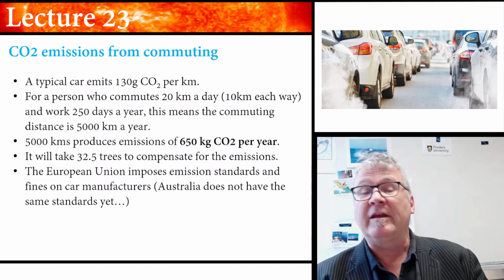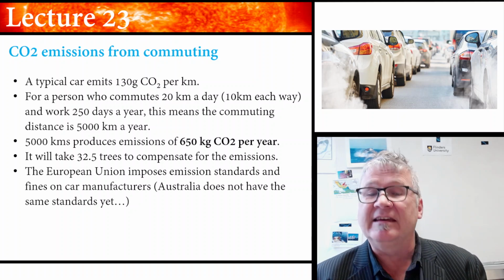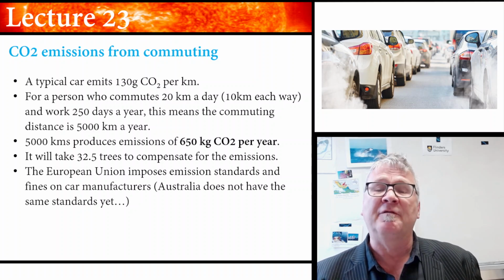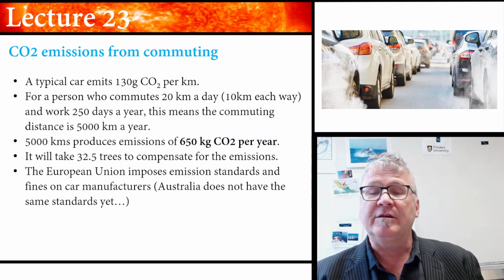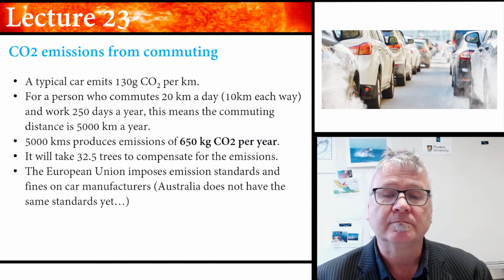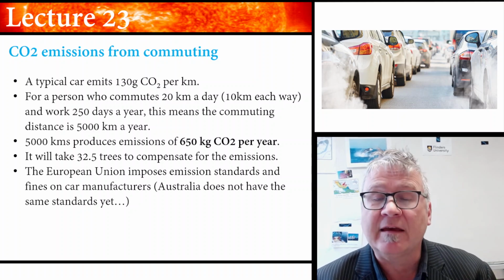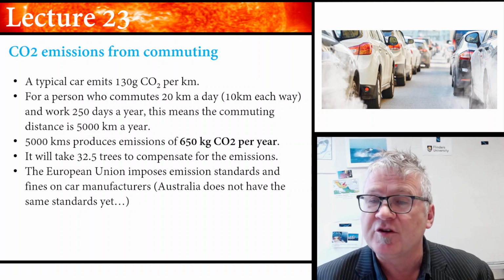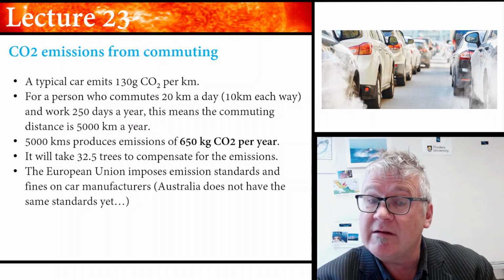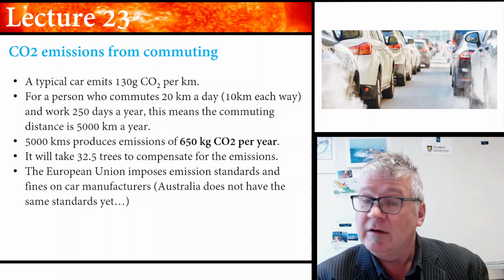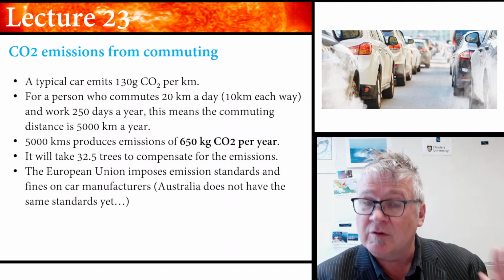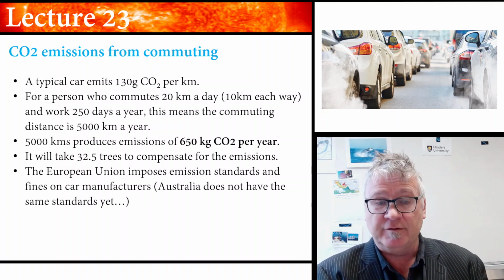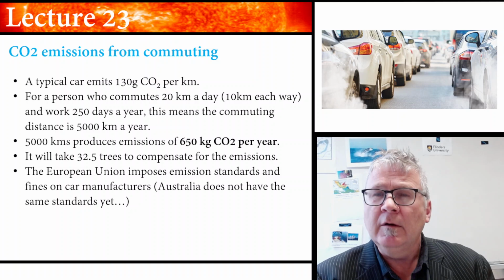And you're traveling 5,000 kilometers a year, which means you produce 650 kilograms of CO2 per year. So it will take 32.5 trees to compensate for this emission. So that's the equivalent for you using your car coming to university.